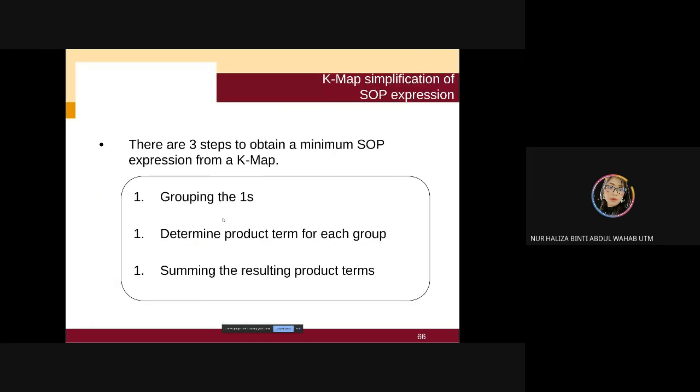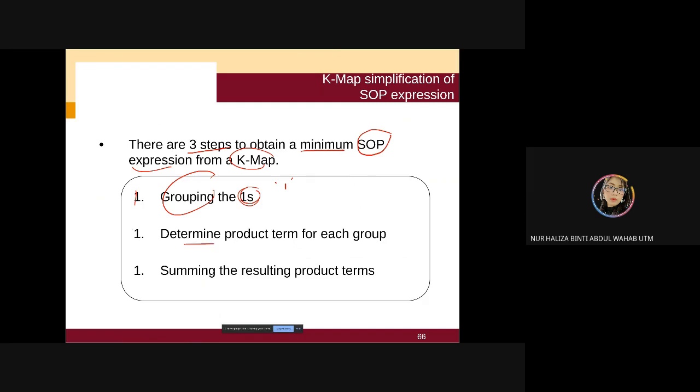Let's proceed with the grouping, which is what you need to do. You're going to learn how to group the output ones for your SOP. There are 3 steps to obtain the minimum SOP expression from your KMAPs. First, grouping the digit number 1.